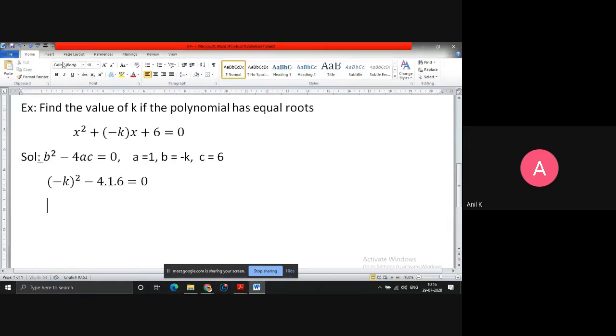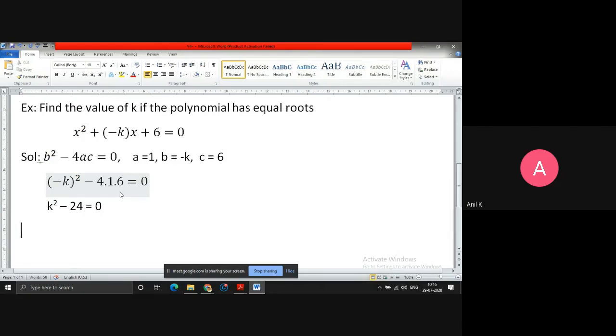Minus k whole square is a square, so we are going to get k square. k square minus 4 into 6, 24, is equals to 0.